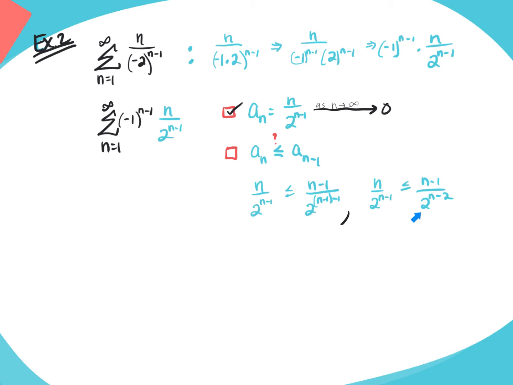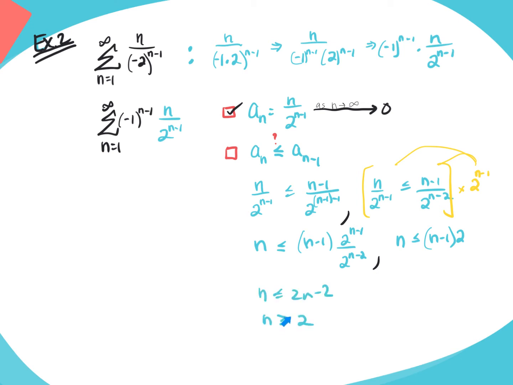Let's multiply by a power of 2 that has the bigger of these two exponents on it. And when we do that, we'll be left with just n is less than or equal to n-1 times 2 to the n-1 on top over 2 to the n-2 on the bottom, which gives us just that. And solving this nice little linear inequality yields that it's true. All the terms are getting smaller as long as n is greater than or equal to 2.